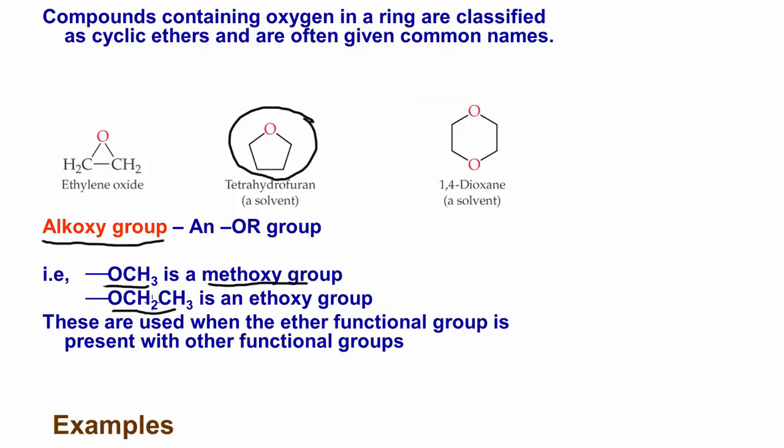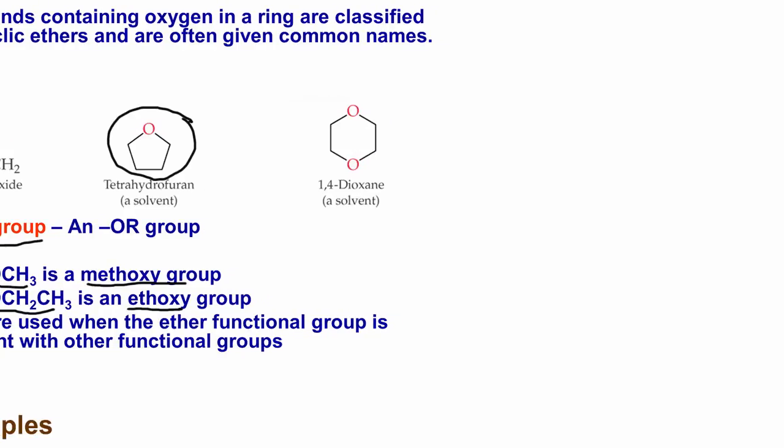This has two carbons, and this would be an ethoxy group. We could do propoxy groups, isopropoxy groups, and so on. These are used in the IUPAC naming system, and also when the ether functional group is present with other functional groups. So let's take a look at a couple of examples here.